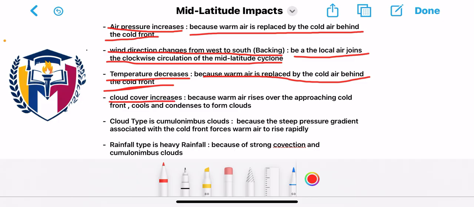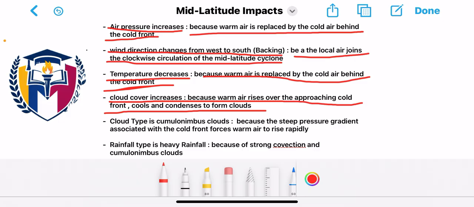Another point, cloud cover increases because warm air rises over the approaching cold front, cools, and condenses to form cloud. Remember, cloud cover is about how the atmosphere is covered by what? By the clouds. Why does cloud cover increase? Remember, the warm air will be undercut by the cold air and rapidly uplifted along the steep pressure gradient of the cold front.